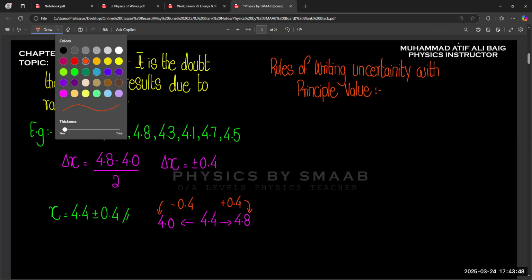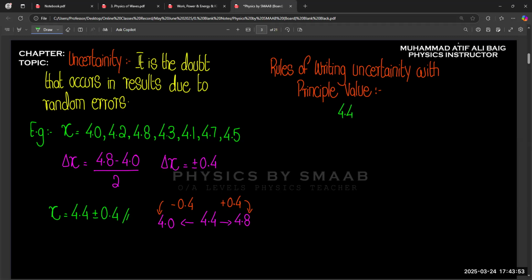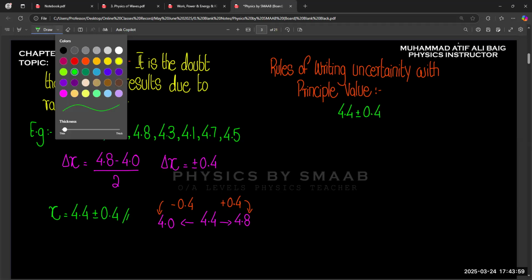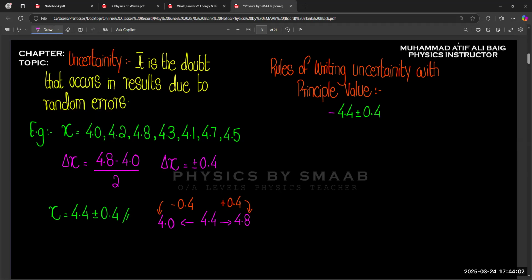So for example, if we take the same value 4.4 plus minus 0.4. So this is a true value or principal value, and this is the uncertainty.